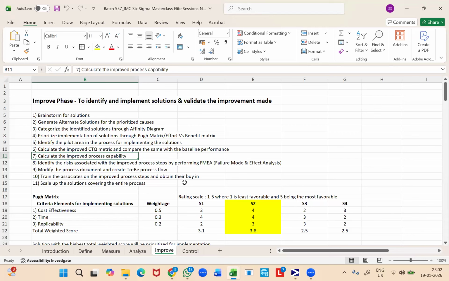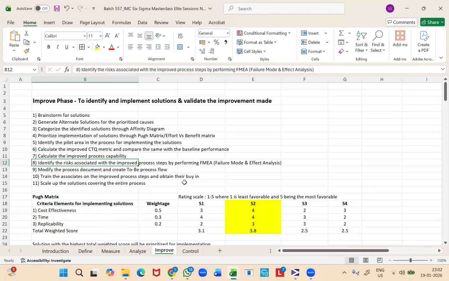And then we will identify the risks associated with the improved process steps by performing an exercise called FMEA, the full form of which is failure mode and effect analysis. And once the risks are identified for the improved process steps, we will implement appropriate corrective measures or control measures to mitigate those risks.